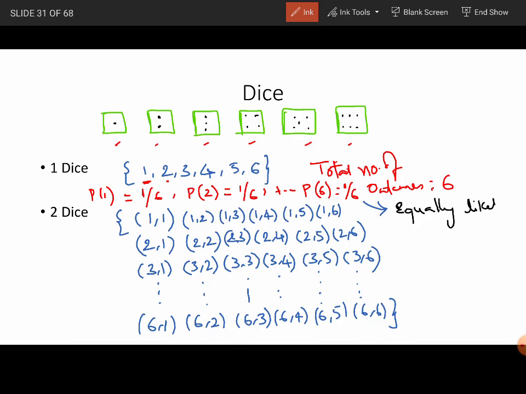Now when we throw the dice, if we get 1, there is no chance for 2 to appear, and if 2 occurs there will not be any chance for 3 or 4 or 5 or 6 to appear. So these are all mutually exclusive events. What do we mean by mutually exclusive? If one outcome appears, the occurrence of the other outcomes becomes 0.